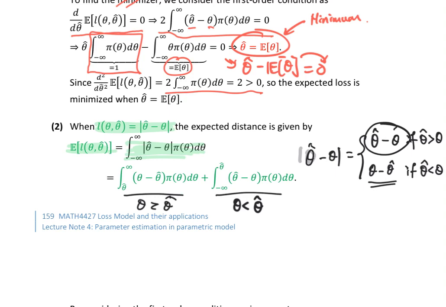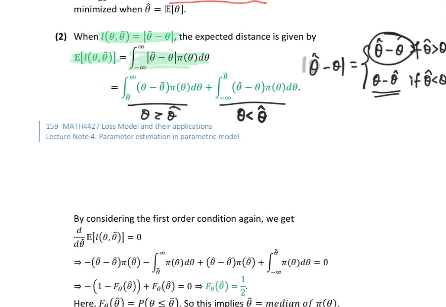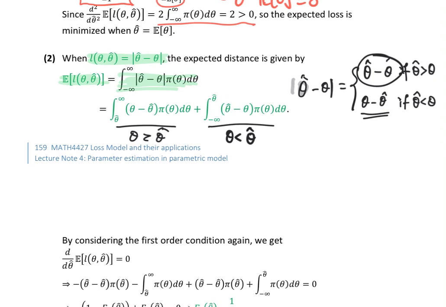By doing this, you can eliminate the absolute value sign, and you will have two integrals that you need to integrate separately. This will be the expected value of your loss function, and again our goal is to choose theta hat to minimize this expected value.